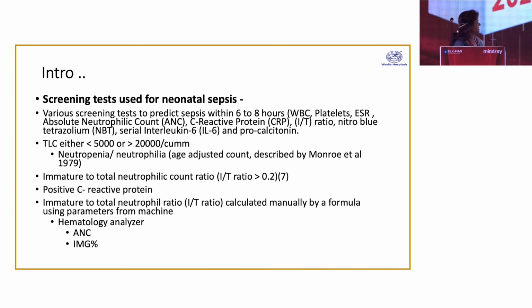TLC low or high. Immature to total neutrophil count is the IT ratio, with a cutoff of more than 0.2, which indicates the child is going to have septicemia.